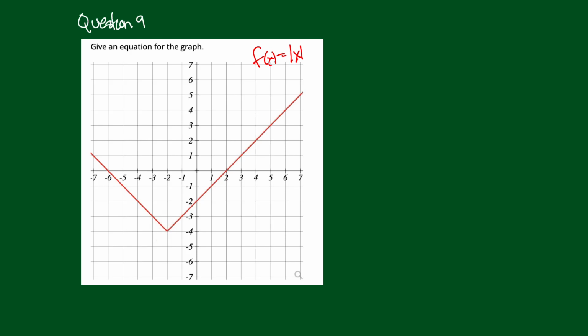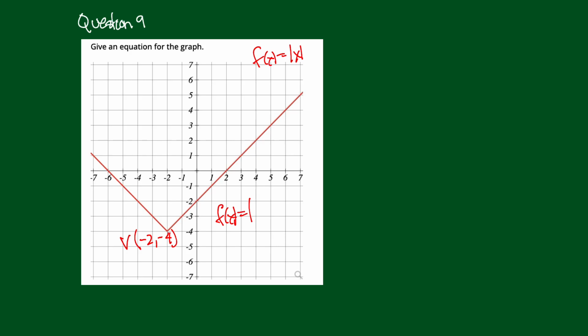In fact, I'm going to write this vertex. Here's the vertex. The vertex is to the left 2, down 4. So our equation is going to look like this. f of x equals, all right, it's an absolute value.